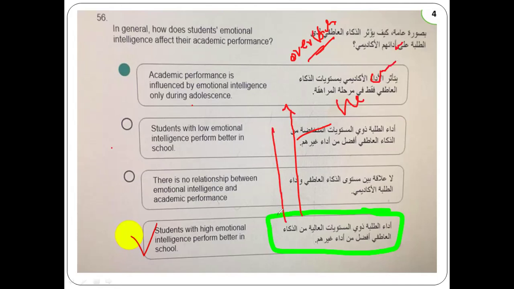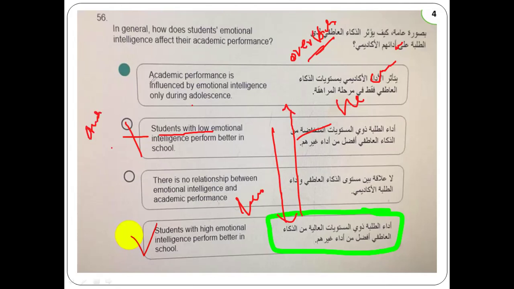The younger children have less control over their emotions, because adults or adolescents have more control over their emotions. By this way, they can maintain control over the emotions, and this will definitely impact the students' performance. This shows that students with low emotional intelligence perform better. No. Who are these? The children.